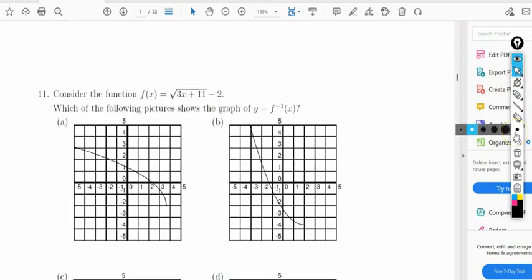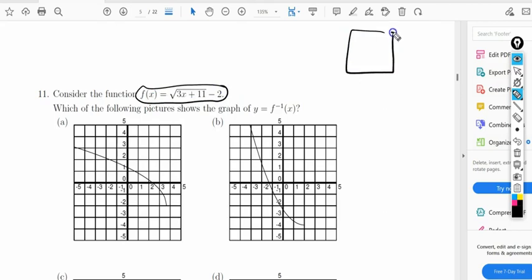All right, so what you're going to need to do is you have this function, and they want to know what the graph of the inverse looks like. So you're going to need to get the graph of f. And if f is 1 to 1, the graph of f and its inverse are symmetric with respect to the line y equals x.